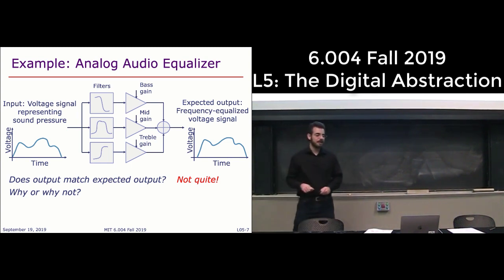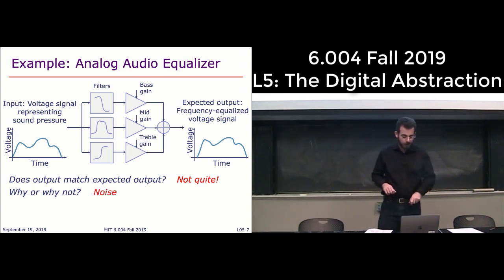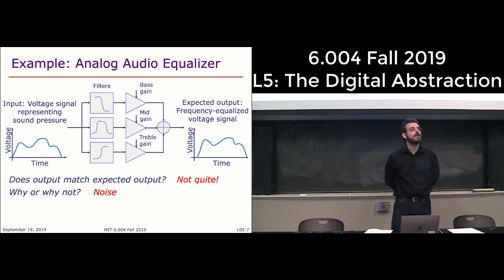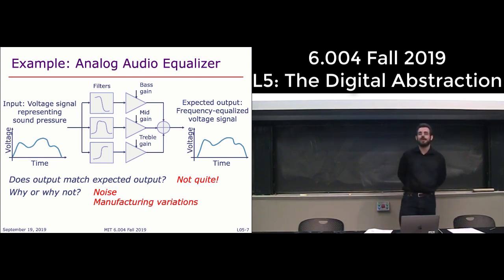Exactly. There is noise. There are 20 different types of noise, and they're all conspiring to slightly change the value of the signal. That's one thing, but there are other issues. These physical devices are not all exactly the same. Ideally, we'd like all these amplifiers to have the same gain. In practice, there are going to be manufacturing variations. Not everything is going to be amplified the same way.